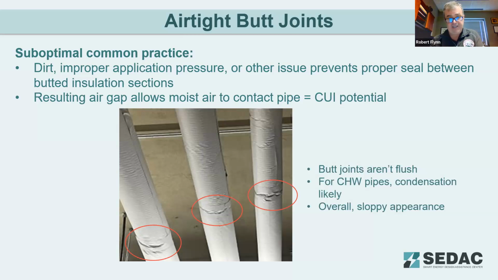You can also see that the longitudinal seal, the lap, specifically on the furthest left piece of insulation, is not smoothed down tightly, and the longitudinal 90s aren't sealed down properly as well. Overall, very sloppy job, very sloppy appearance.